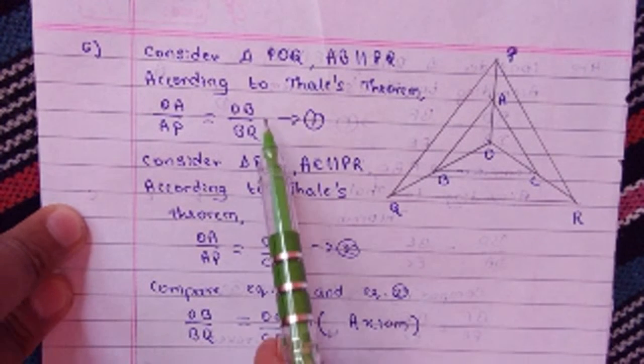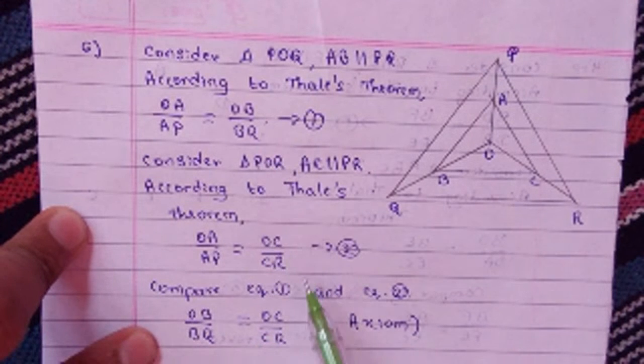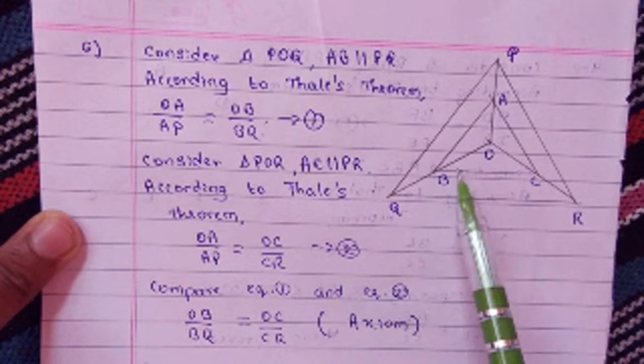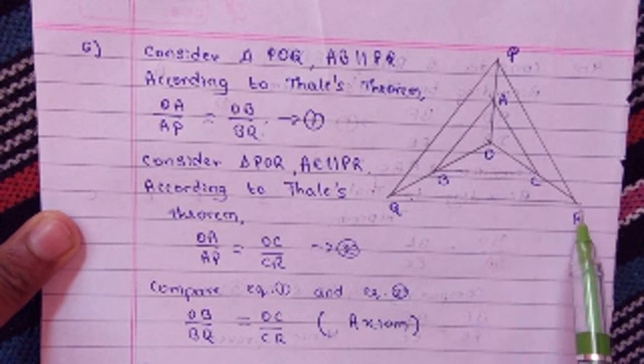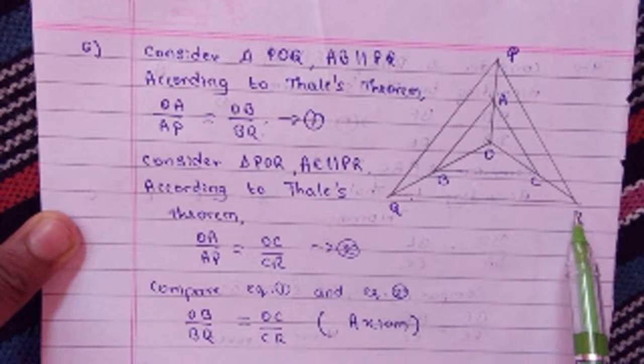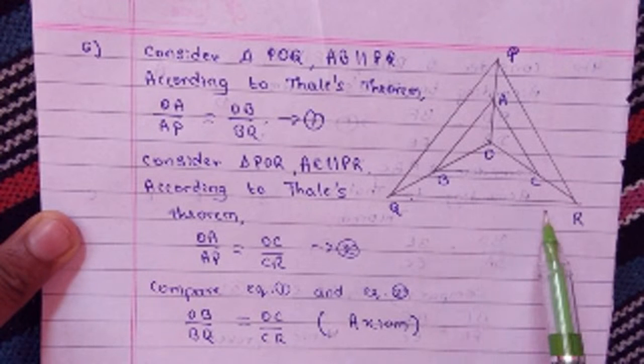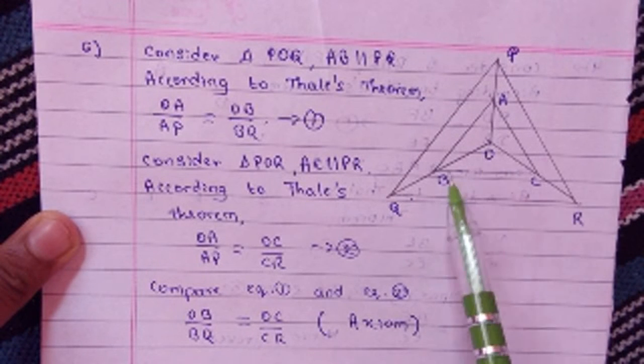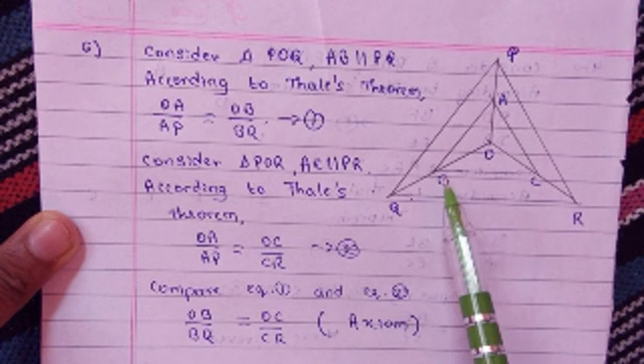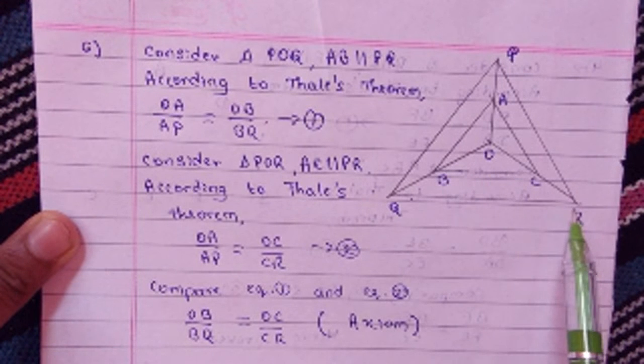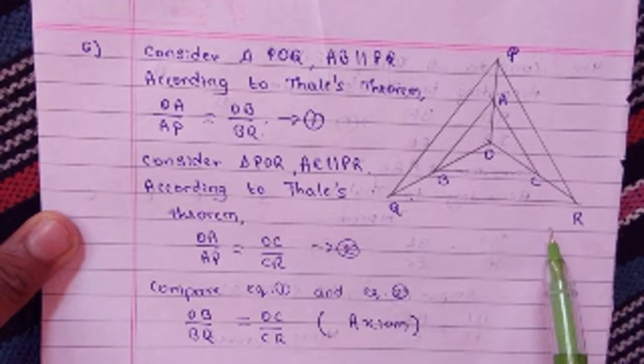In the figure, OB divided by BQ equals OC divided by CR. When is this possible? When BC is parallel to QR. This is the converse of Thales theorem.